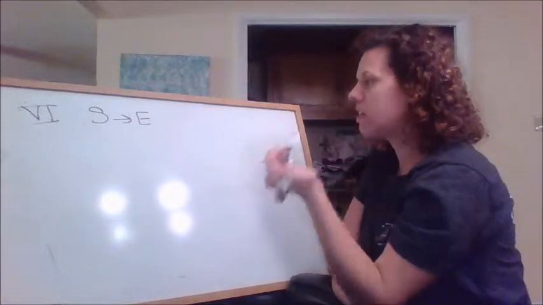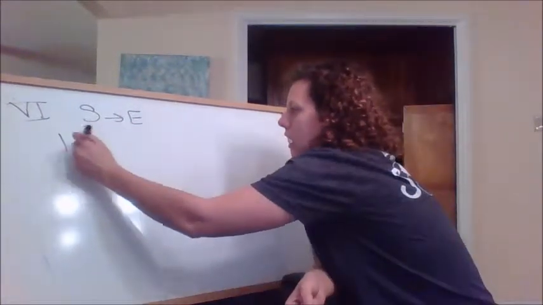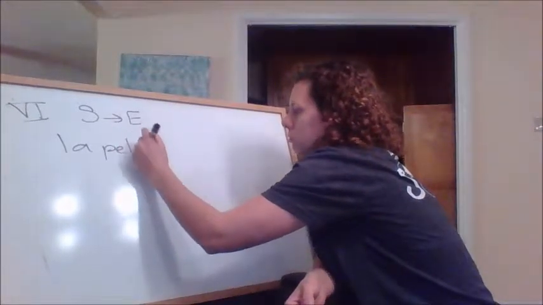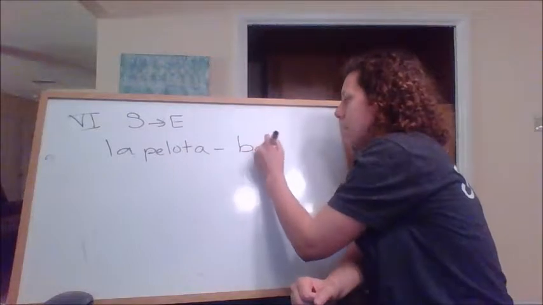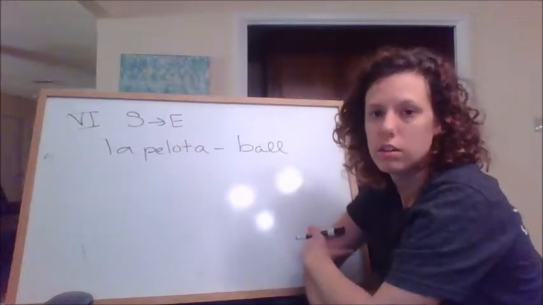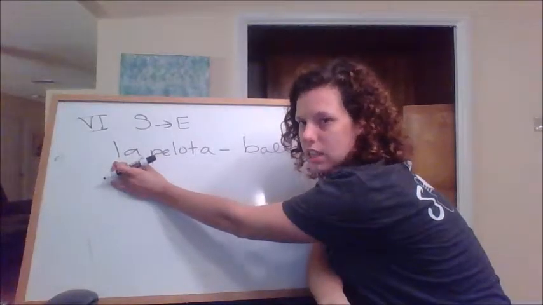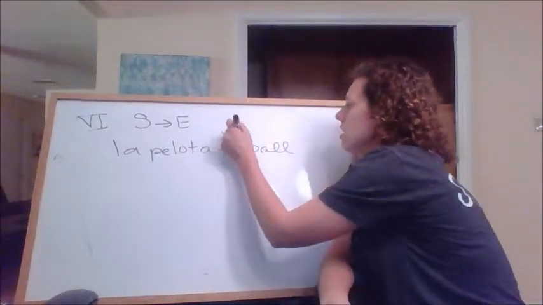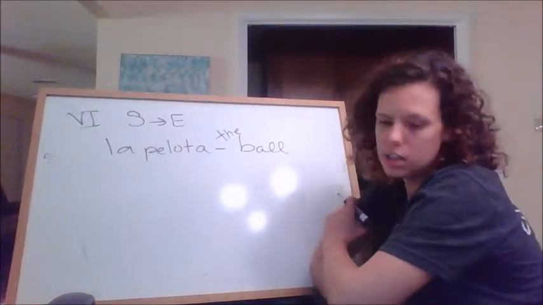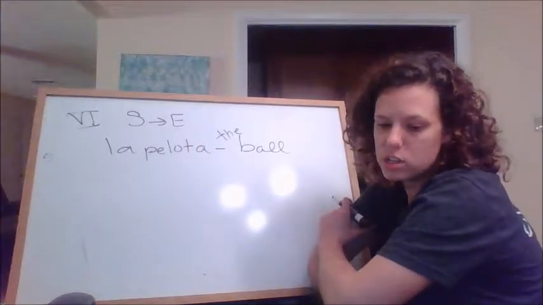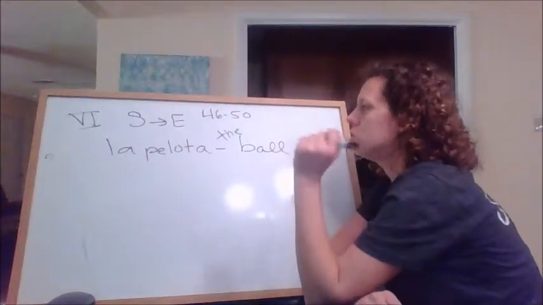So that means if I said something like la pelota, okay, you can't just say ball. You can't just ignore this word like it doesn't exist. You have to say the ball, okay? This is going to be 5 questions, so 46 through 50.